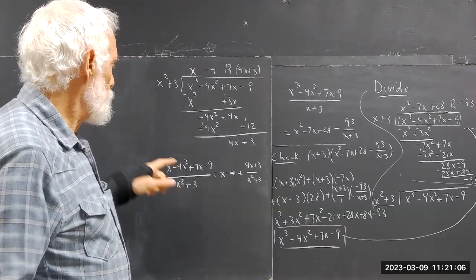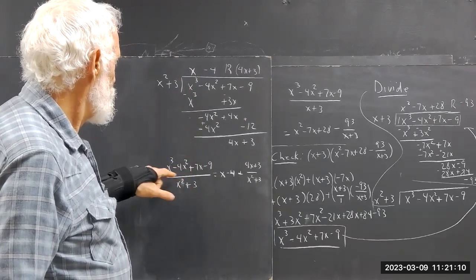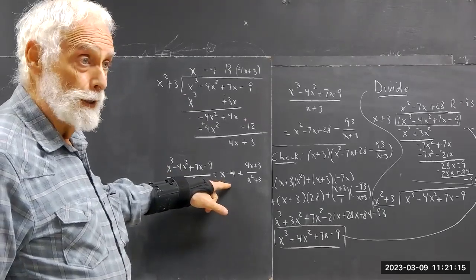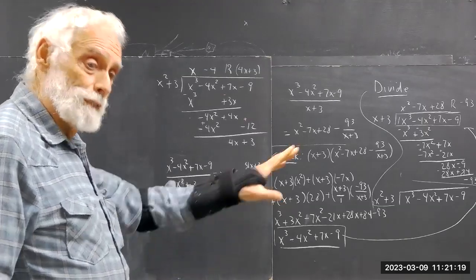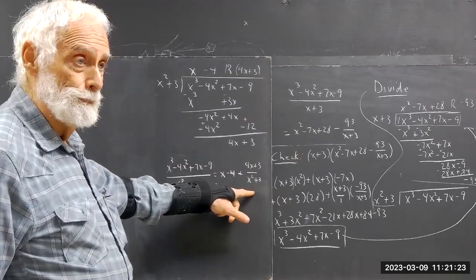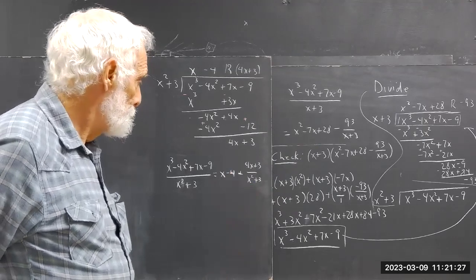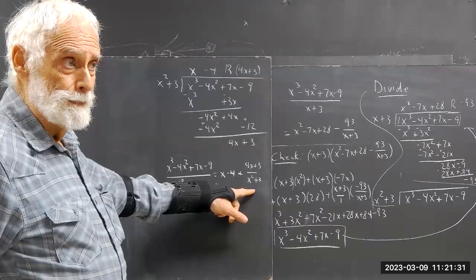Meaning that if I wanted to graph this quotient, I graph the x minus 4, that's just a straight line. Slope 1 through 0, negative 4. And then this one. Thing about this one is that the denominator is always positive and it's never 0.